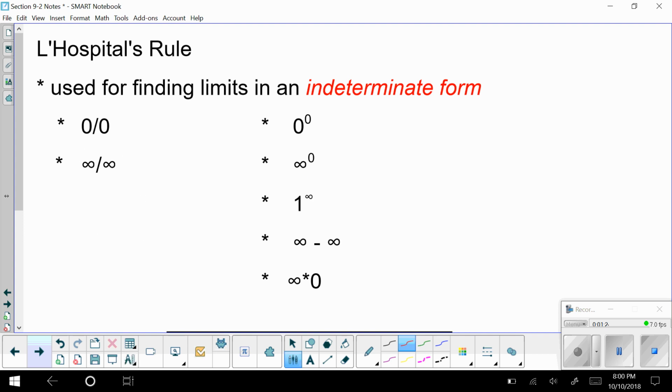But L'Hopital's rule is only sometimes going to be usable. This is a rule that we use when we have limits that are in an indeterminate form. I have this in two columns because it falls into two groups.